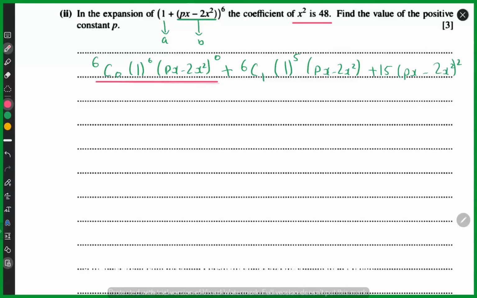This is what I was talking about: instead of using the r formula, since it did not work, we can write it down this way. And next, let's try simplifying it over here.